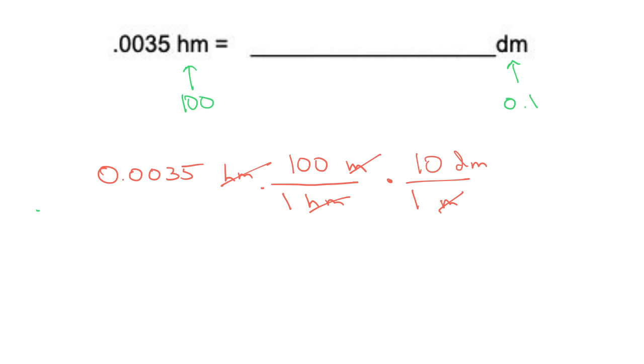We have 3 zeros here. So that 0.0035, if I move the decimal point 3 times, I'll end up with 3.5 decimeters. All right. Okay, another one to practice.